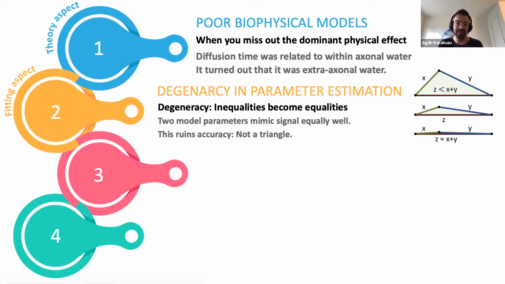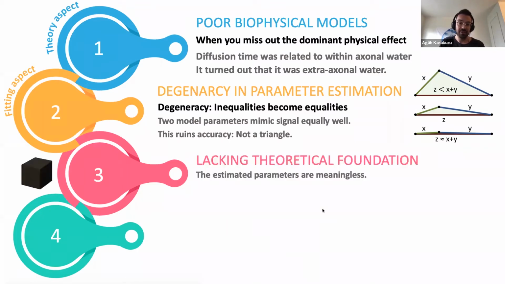And the second one is the flatness of loss function minima. It's a measure of how sensitive your estimation is to parameter changes and how well it generalizes. And well, if you're lacking a theoretical foundation or the physical origin of the signal is incompatible with your equations, then the estimated parameters are meaningless.